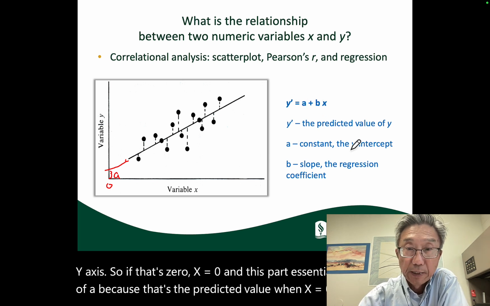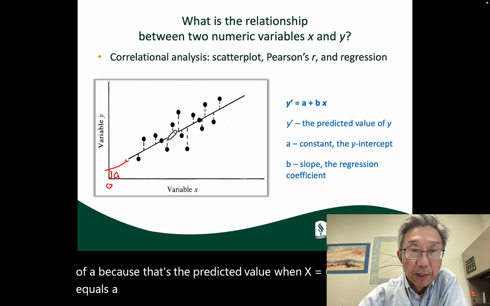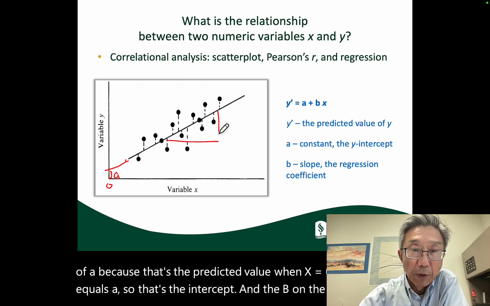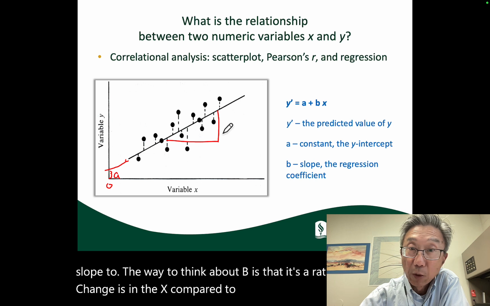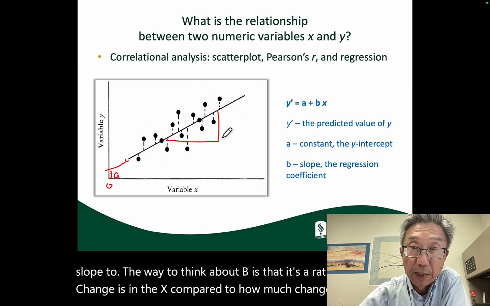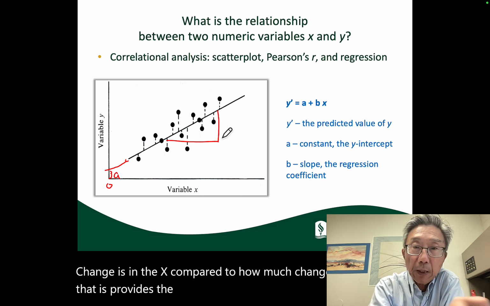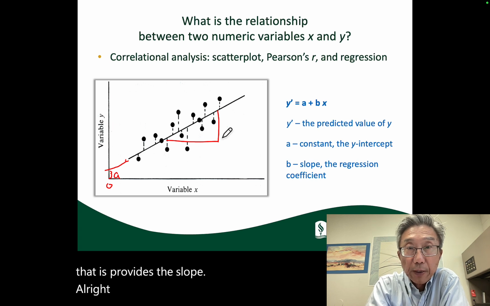So that's the intercept. And the b, on the other hand, is the slope. The way to think about b is that it's a ratio of how much change is in the y compared to how much change is in the x. So that provides the slope.